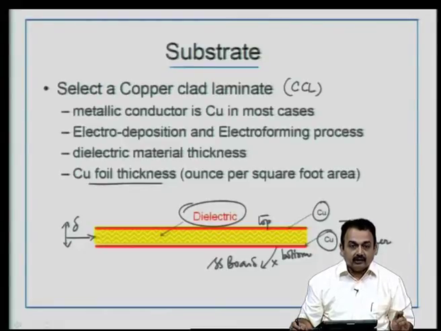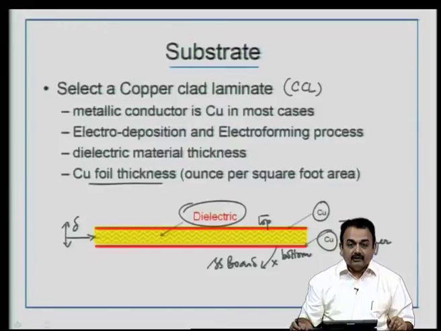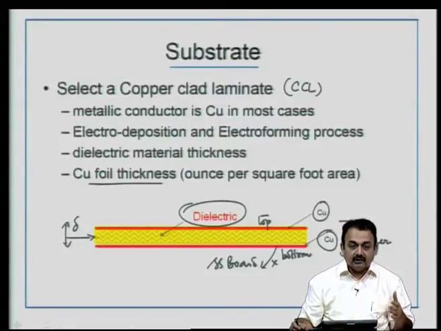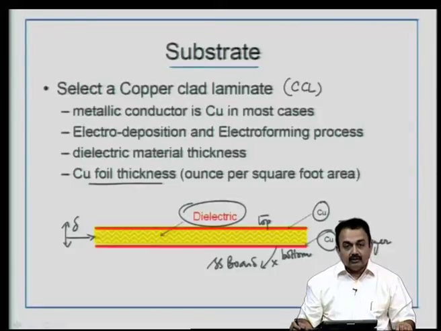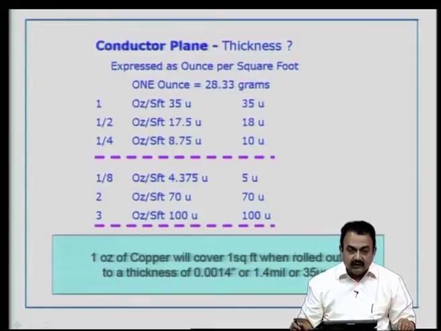The metallic conductor is produced by electrodeposition or electroforming. It contains a dielectric, and the copper thickness depends on what is required for that particular application. In the market, you get different varieties of thicknesses of copper and of the total thickness of the copper clad laminate. Let us look at the terminology used in defining this copper clad laminate.